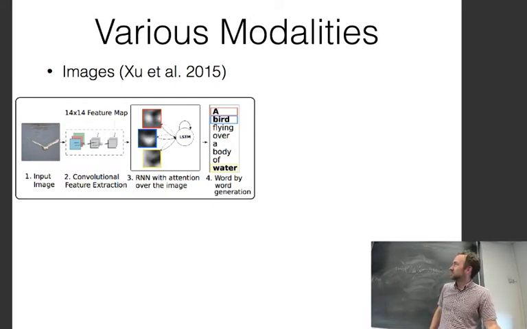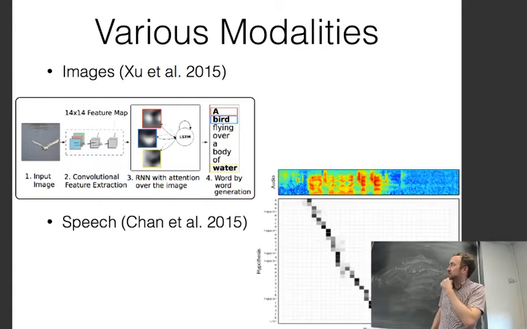And you can say a bird flying over a body of water, where you can see it's focusing on the bird to generate. It's also common to attend to other things like speech if you're interested in speech. One of the interesting things when you're doing things with speech is that speech often has lots and lots of frames, and speech utterances tend to be very long, so you need to reduce the length of them.